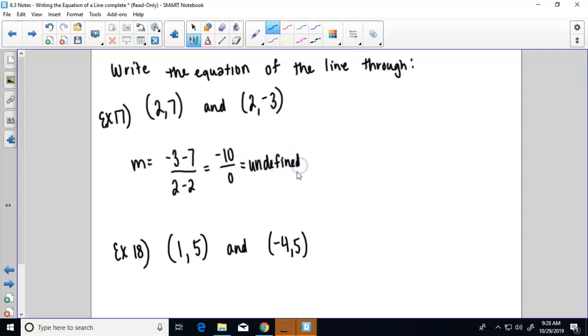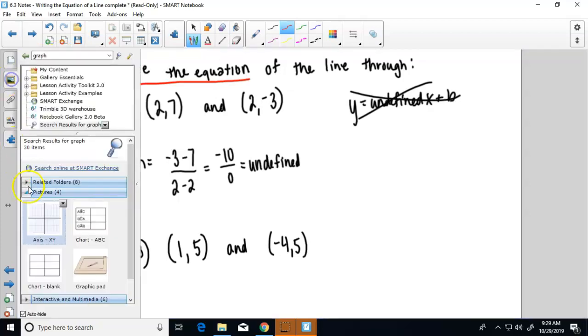Now, here's our problem. When we start writing the equation of this line, I can't say y equals undefined x plus b. That doesn't make any sense, right? I can't do that. But there is an equation for this line, and our directions asked us to write the equation of the line. So undefined is not your answer. Undefined is the slope, but undefined is not your answer because that's not the equation of the line.